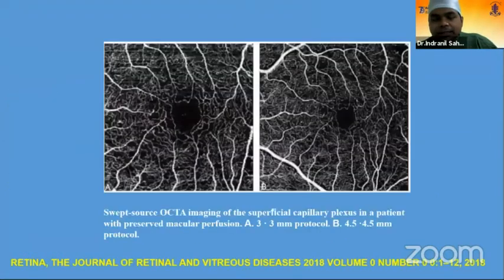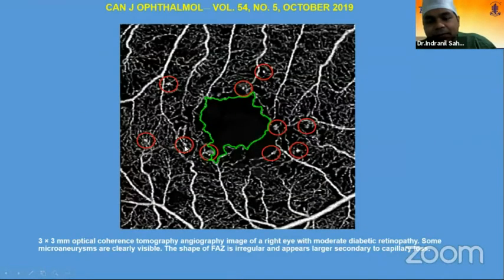Let us first see a normal to understand the abnormal. This is an enlarged view of the foveal avascular zone, where you can make out the anatomy so well. Followed by an affected patient, where the red marks the microaneurysms, which are seen as dilated tufts. You can appreciate how the foveal avascular zone is enlarged and distorted, suggestive of ischemia in this patient.